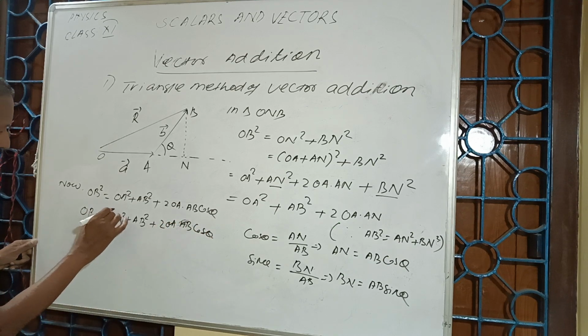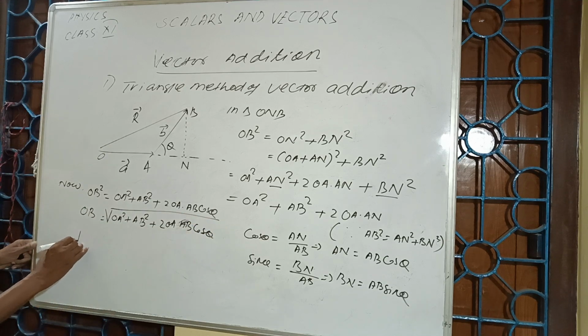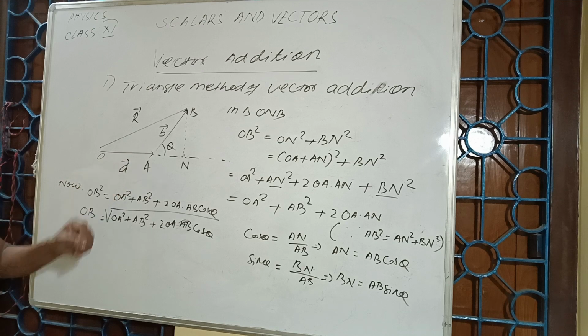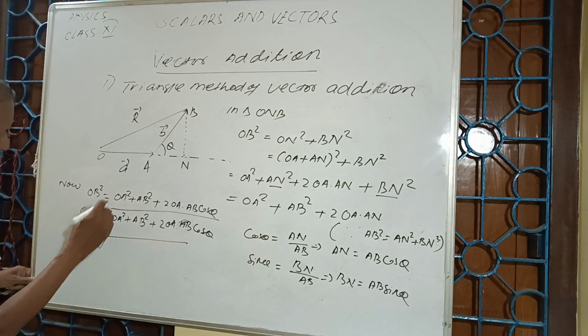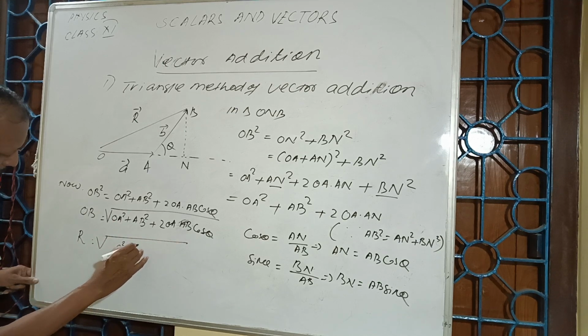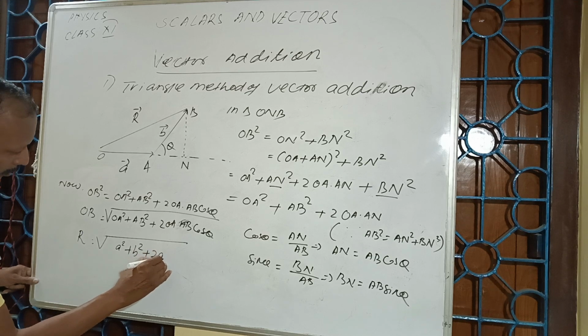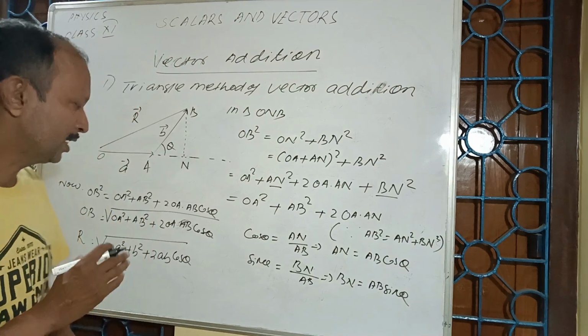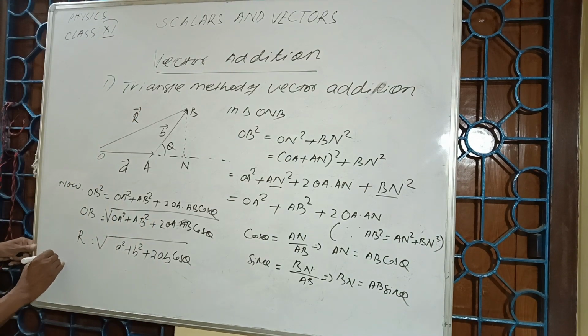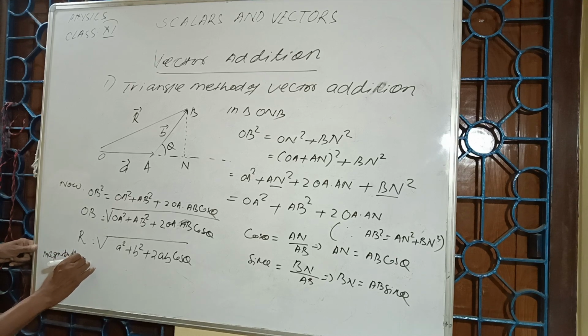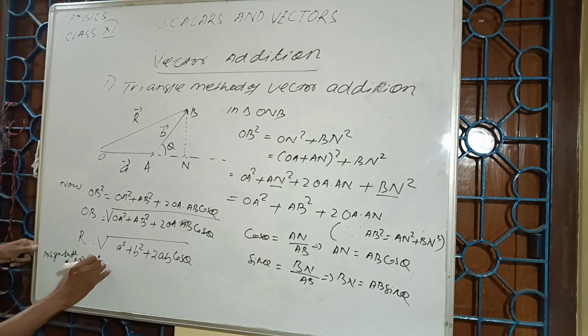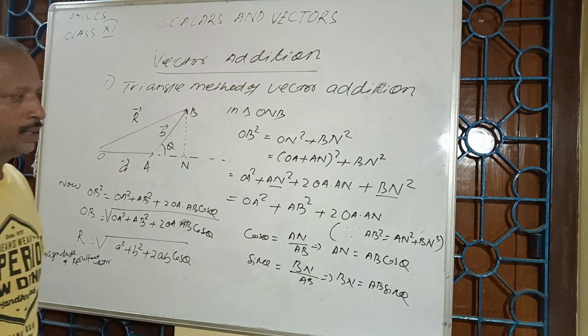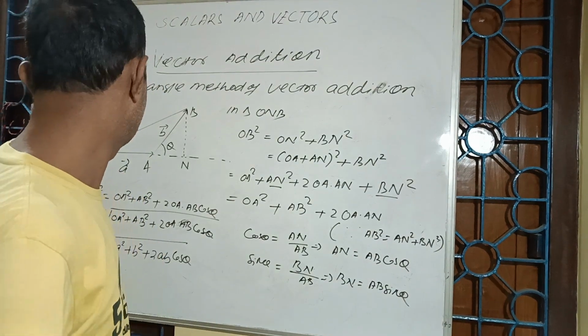Or I can say that the magnitude of the resultant vector is equal to the square root of A square plus B square plus 2AB cos theta. This is the magnitude of the resultant vector.